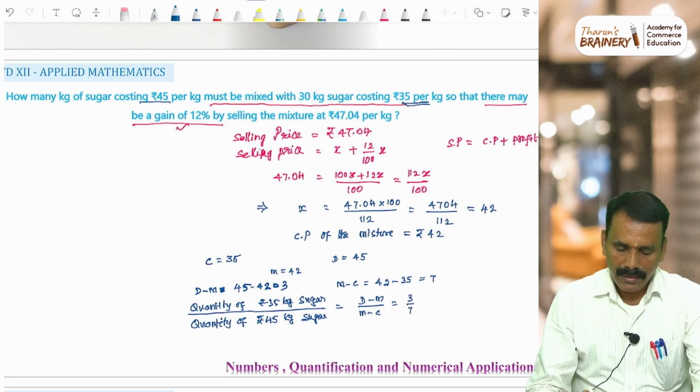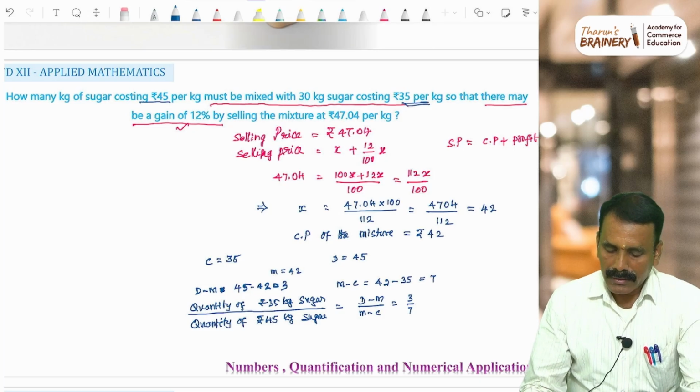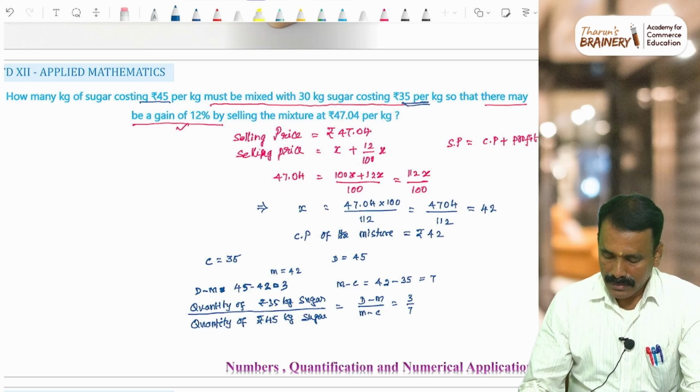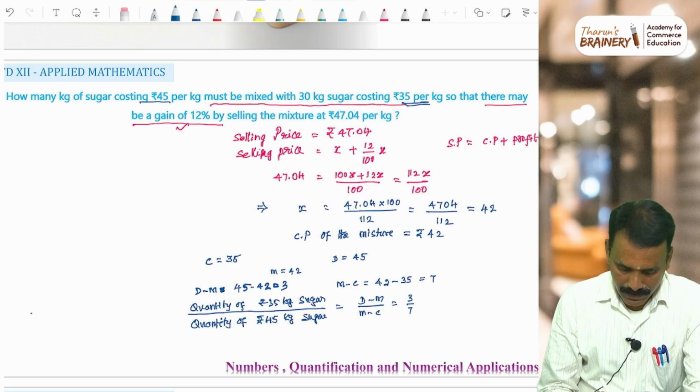Now they have given 30 kg of sugar at rupees 35 per kg. We have 30 kg, and we are supposed to calculate the quantity of rupees 45 per kg sugar, and we take it as x.